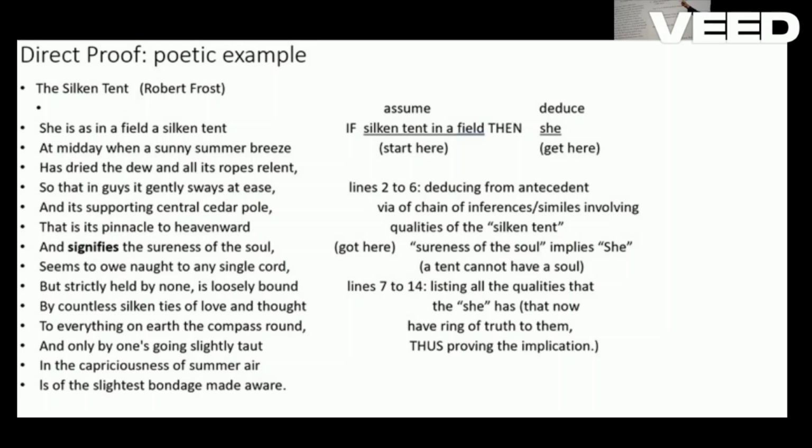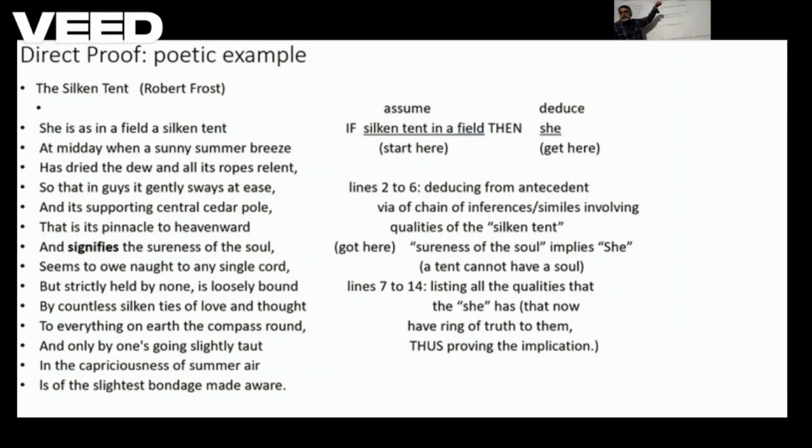Okay. So lines 2 to 6 of this poem are the lines in which the poet is expanding on the idea of what a silken tent in a field looks like, what its features are.